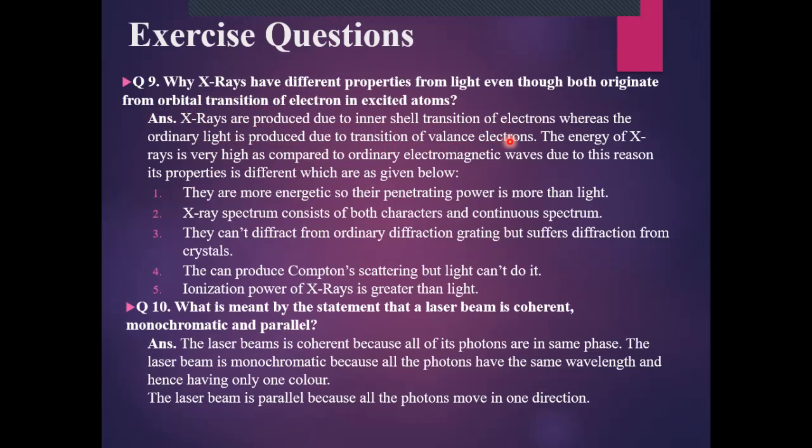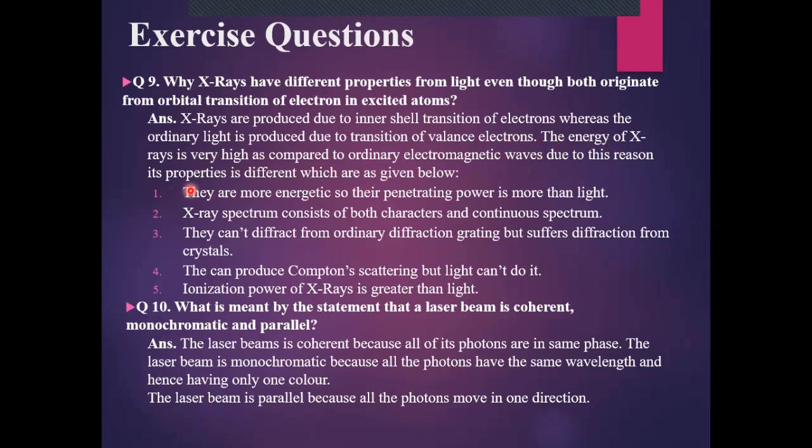So this is the basic difference. The energy of X-rays is very high compared to ordinary electromagnetic waves because they are produced due to inner shell transition, as the inner shell electrons are tightly bound. So high energy is required to remove them, and when these vacancies are filled by higher electrons, the X-rays are emitted with higher energy.